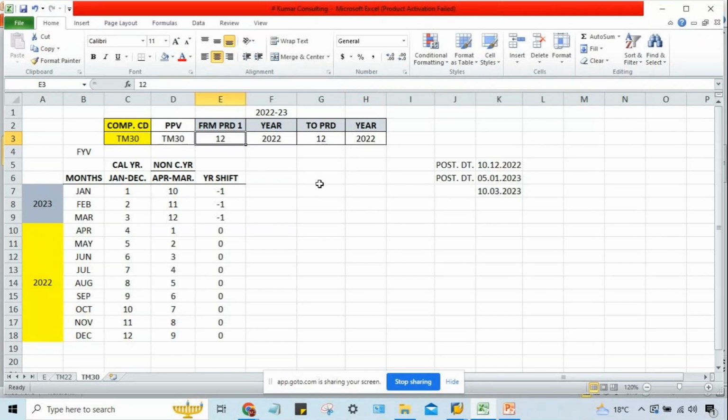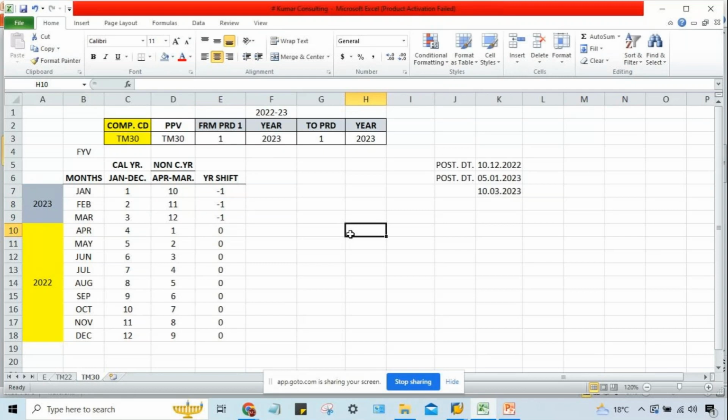Then the first period, and then 2023 is going to be open, right? And again, from April onwards, the year shift will be 0 only, right? And again next year, it is going to be -1 for the remaining 3 quarters. Okay, this is pretty simple to understand, guys.